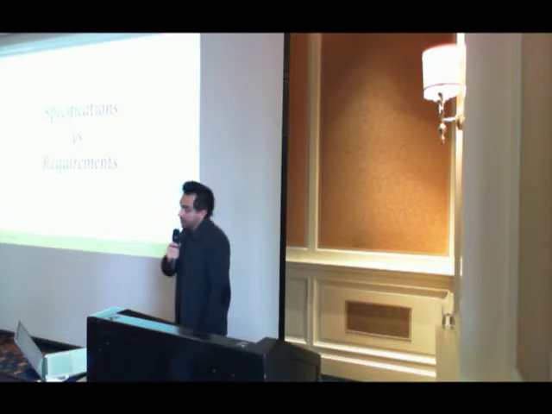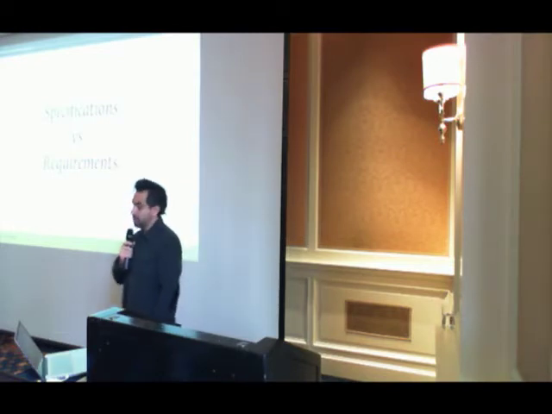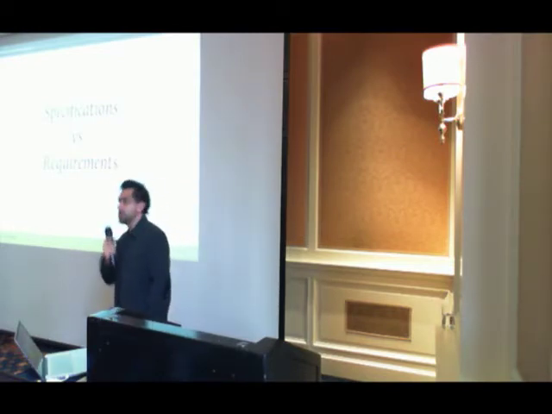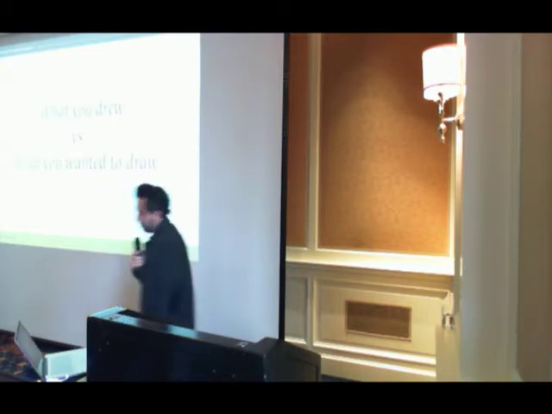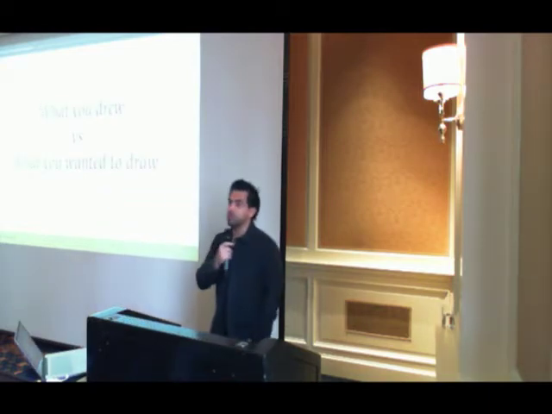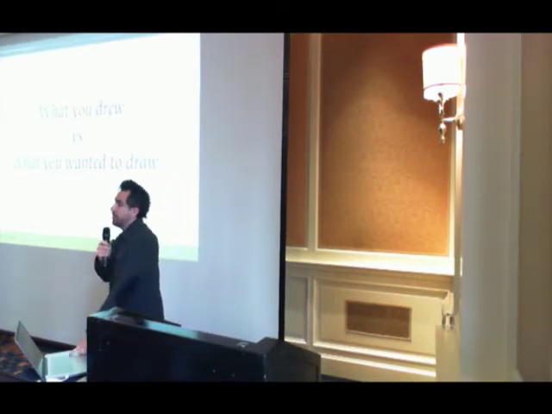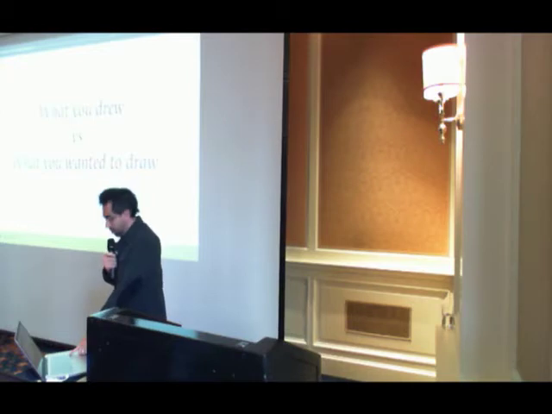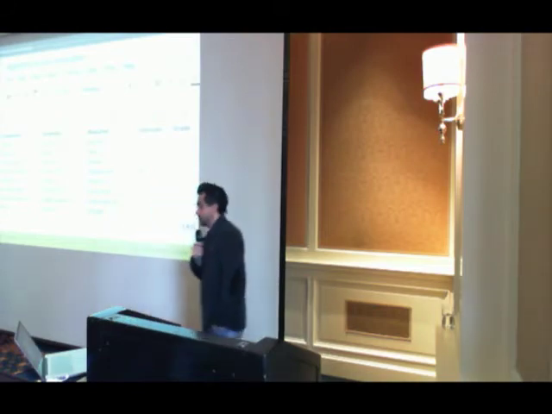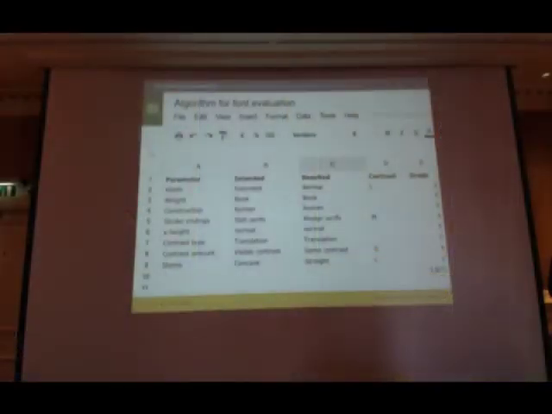And then I realized that evaluating a font is matching specification versus requirements. In other words, what you drew versus what you wanted to draw, which could be useful for type designers, because of course teachers are not the only ones who evaluate types. You can do it yourself, and most users actually do that. So again, a spreadsheet showing what you can do.